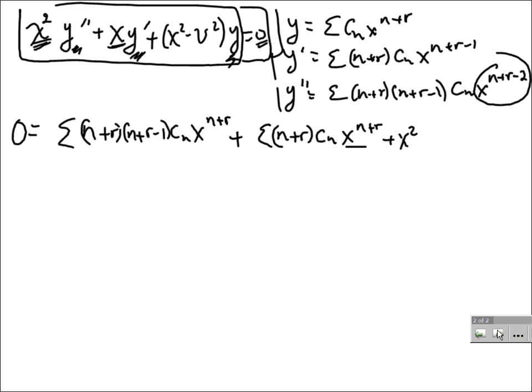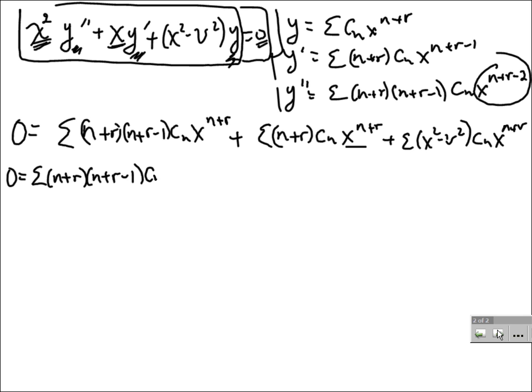Plus x squared, plus the summation of (x squared minus v squared) times c_n x to the n plus r. Now, so we have 0 is equal to this first summation, which we're not going to do anything to, plus the second summation, which once again we're not going to do anything to.